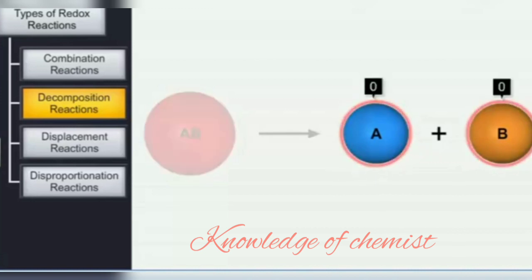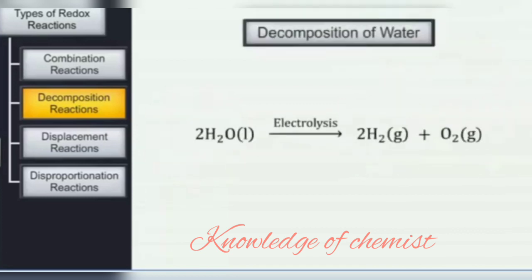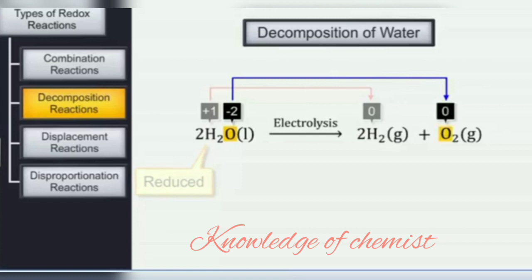One of the most common examples of decomposition reaction is the breakdown of water into hydrogen and oxygen. The breakdown of water molecules into hydrogen and oxygen is an electrolysis process. The oxidation number of hydrogen decreases from +1 to 0 as it gets reduced, while the oxidation number of oxygen increases from -2 to 0 as it gets oxidized.